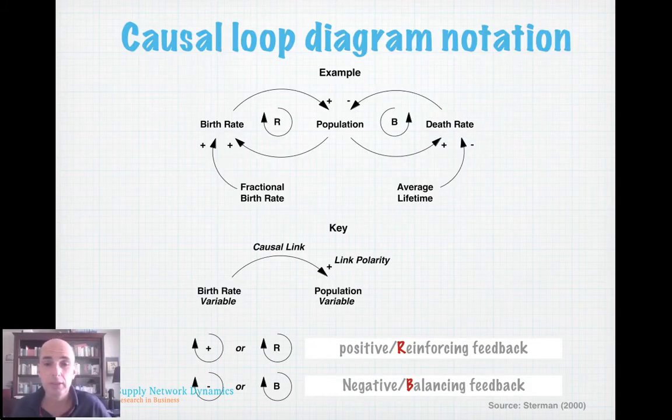Anyway, the syntax is fairly straightforward. You've got words, variables, and you've got arrows between them. And those arrows can have two signs: positive and negative. If the sign between birth rate and population is positive, that means that more births will lead to a bigger population.